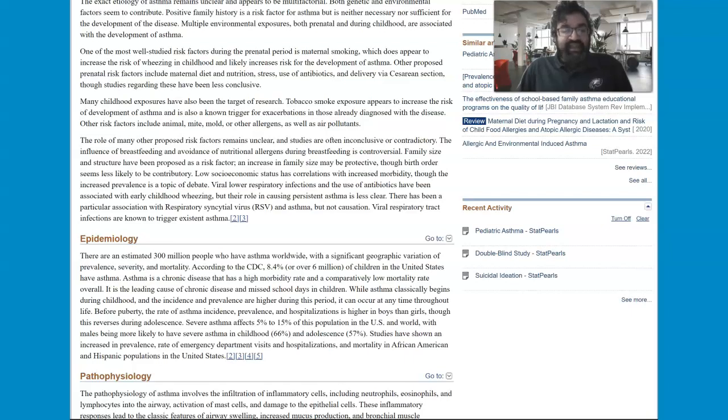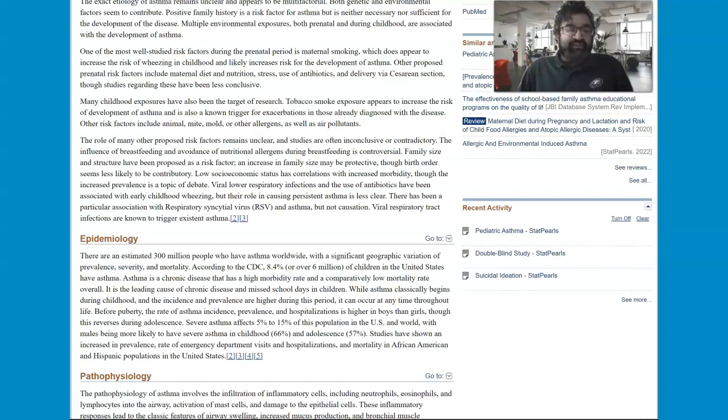According to the CDC, 8.4% or 6 million children in the US have asthma, and that's a significant amount. Hospitalizations are higher in boys than girls. However, during the adolescent stage, it's more in girls than boys.